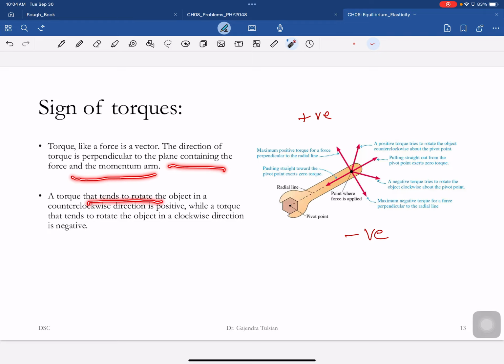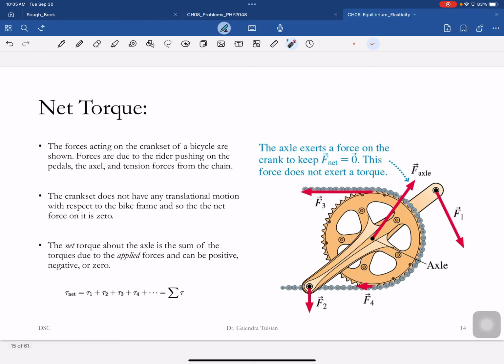A torque that tends to rotate the object counterclockwise is positive, while a torque that tends to rotate the object clockwise is negative. So this will give you a positive torque, zero torque, negative torque. You could have several forces acting.